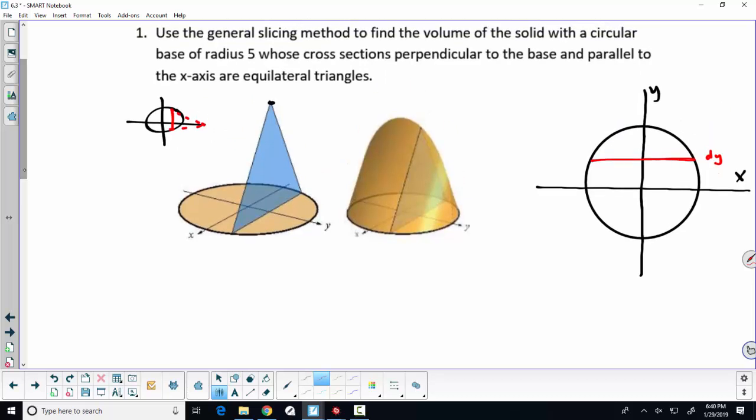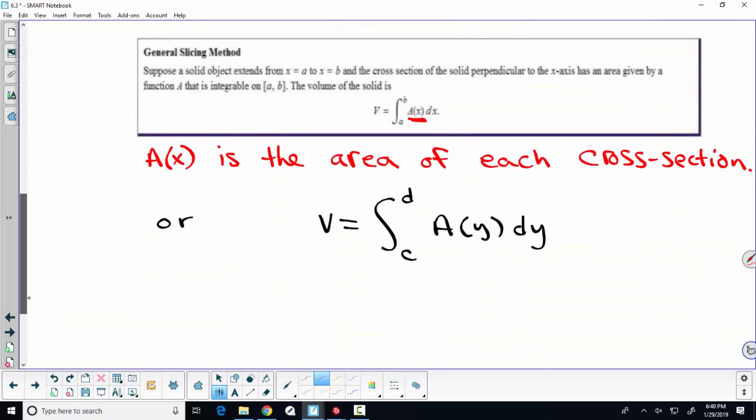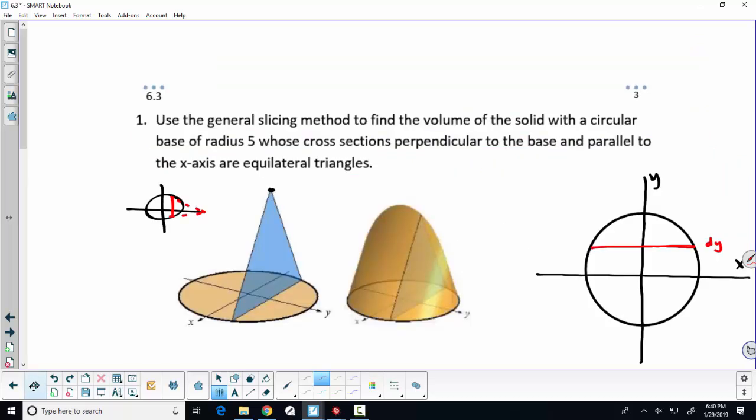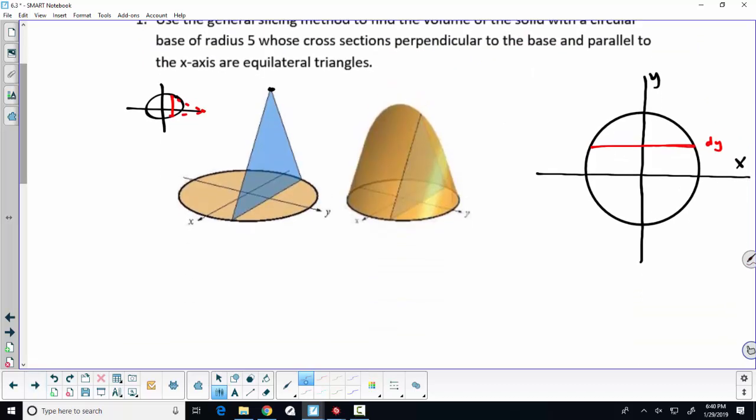So once we have our bearings, then we think, what kind of figure is generated by our cross sections? Equilateral triangles. So it tells us that the cross sections are equilateral triangles. So again, we're thinking about this formula, and in order to find that volume, I first need to come up with the formula in terms of y for the area of those cross sections. So let's just write this out.